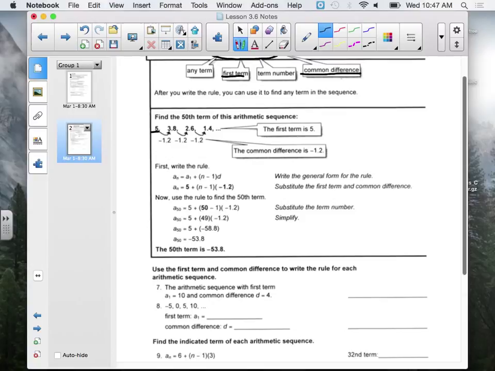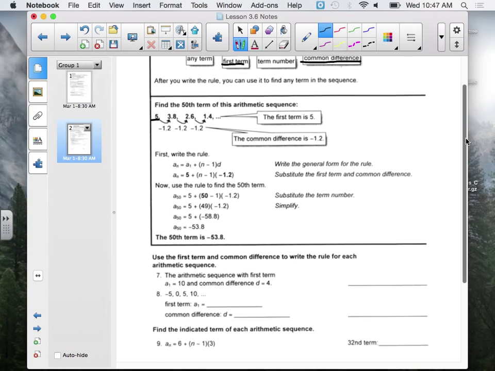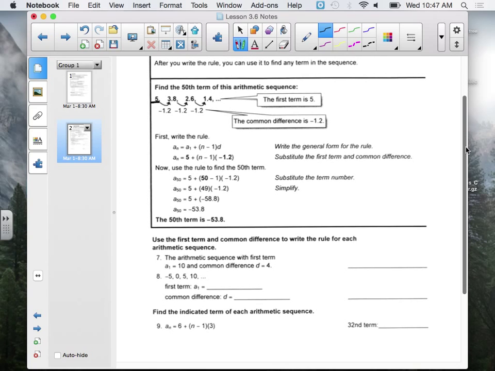Does d stand for what again? Common difference, right? So when you are writing problems, it would probably be real helpful to just write the general form of our rule that a sub n equals a sub 1 plus n minus 1 times d. So once you have that first part written, all you have to do is just substitute each letter in for the value you used.